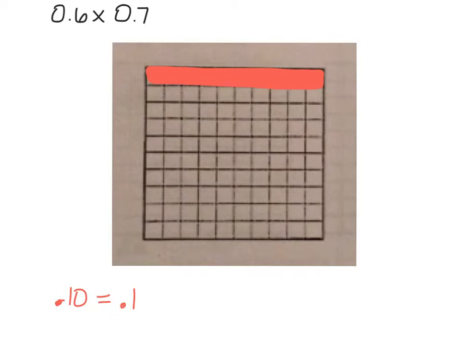You've known that before. We've compared decimals before. We know that we can put a 0 here. We know that these two are equal, but that's kind of a picture of why they are equal.